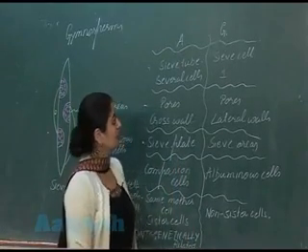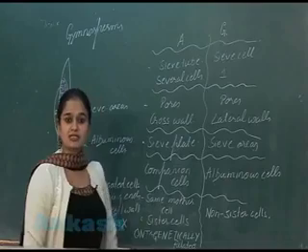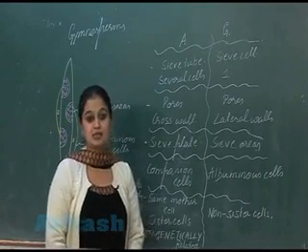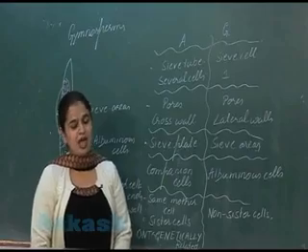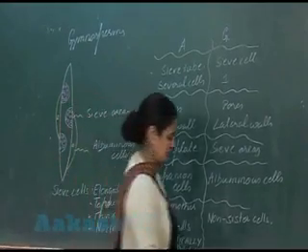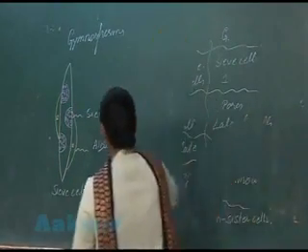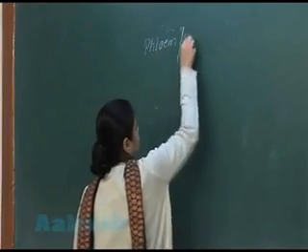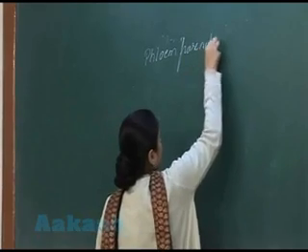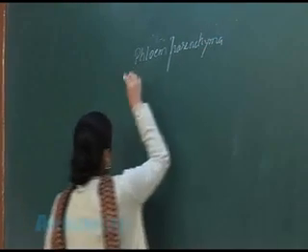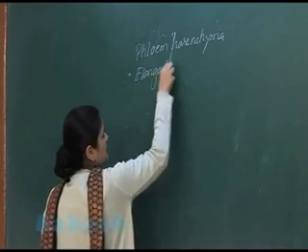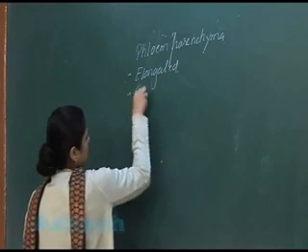Got this? Now, after this, we are going to deal with the rest of the components of the phloem, that is the phloem parenchyma and phloem fibers. Phloem parenchyma is made up of elongated cylindrical cells.